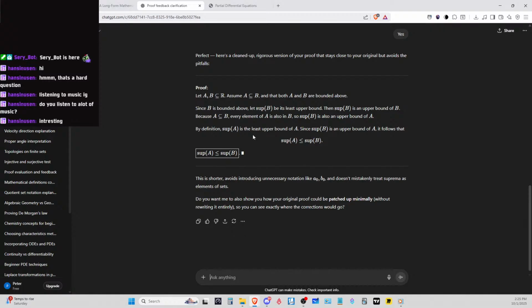That's the one thing I forgot to understand. I knew that this was going to be less than this. It's just that I didn't know how to explain it in the correct way.